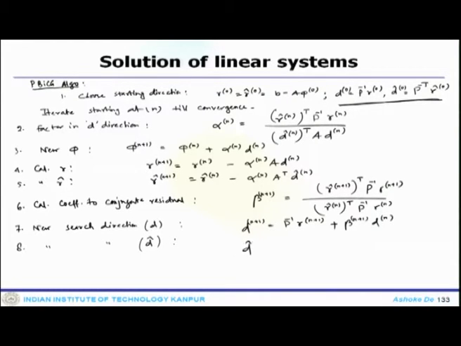So, this would be d hat n plus 1 equals P transpose r hat n plus 1 plus beta n plus 1 d hat n. So, that is what you get with the preconditioned system, and then it differs from the CG.